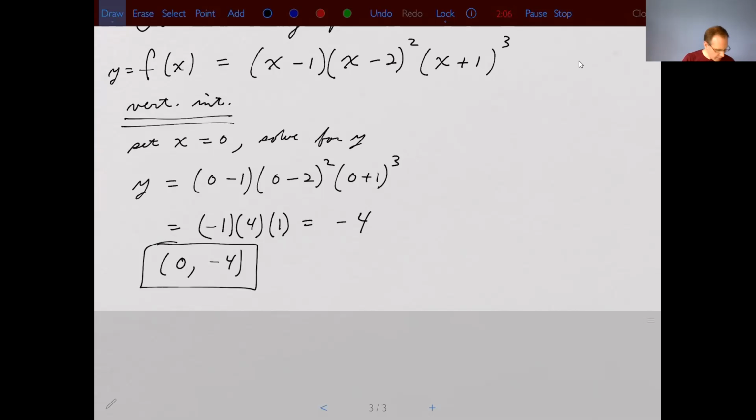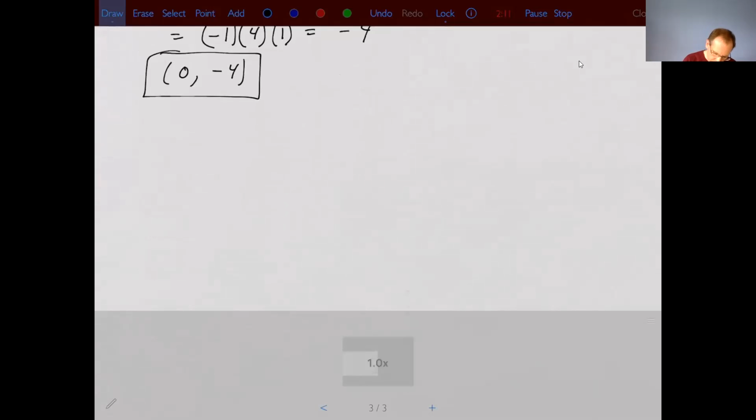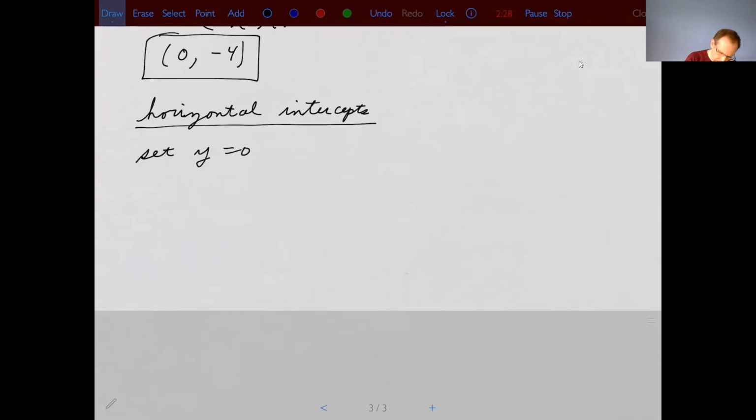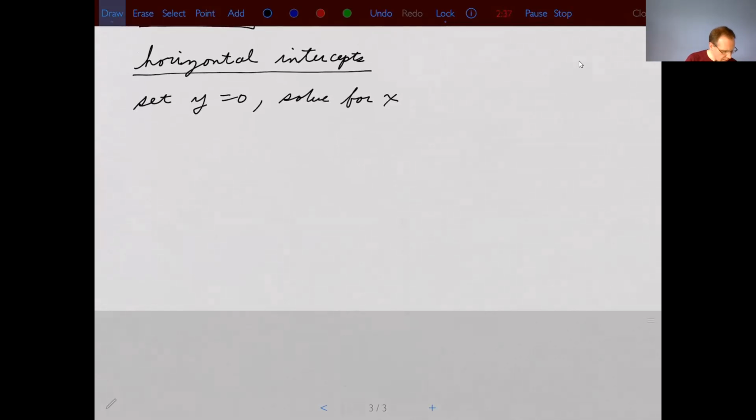Okay, now with the horizontal intercepts, now I set y equal to 0 and I solve for x. Okay, so in this case, I would set that entire polynomial equal to 0.